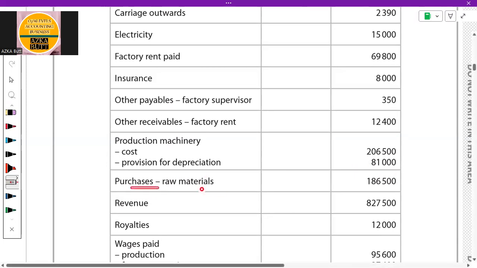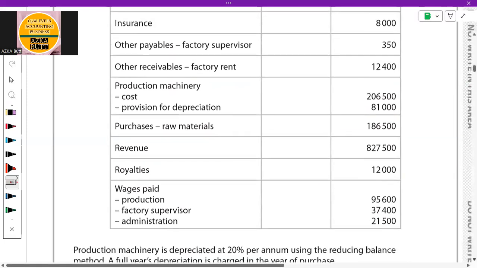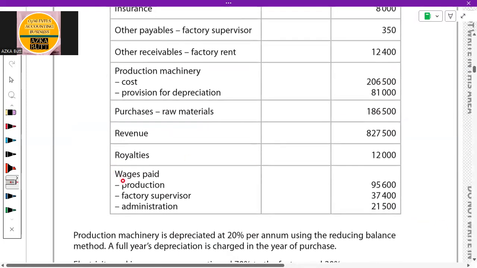We have the purchases of raw material, 186,500. We have revenue and royalties, and we know that royalties are part of prime cost. And we have wages paid to the production department, labor, factory supervisor, and administration.